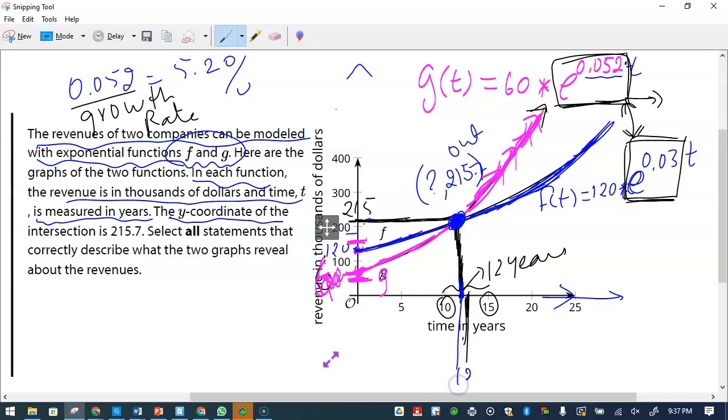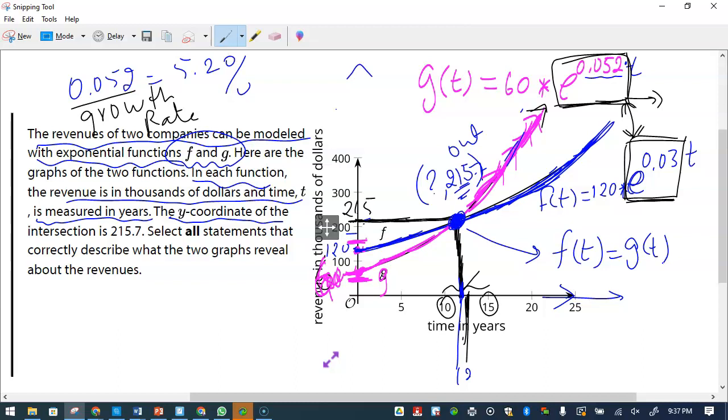Maybe it is 12, but the main thing is this means the revenue for both the blue and the pink is the same. So you say, let me take this out. Okay. So at this point, FT, the revenue of F and GT, both are the same.